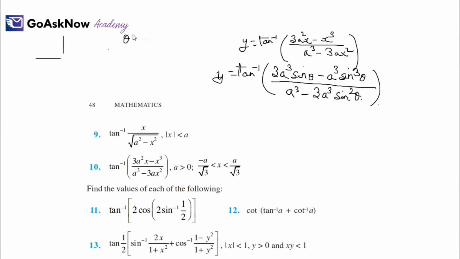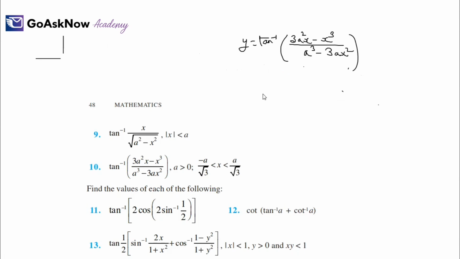So I will do one another shortcut method. It will become some lengthy method. So I will do one thing, that I will take common some terms from denominator and numerator in the inside part. Let's do that also. So if I take it like y equal to tan inverse, and here I should take 3a like x common, so it will become 3a square minus x square.